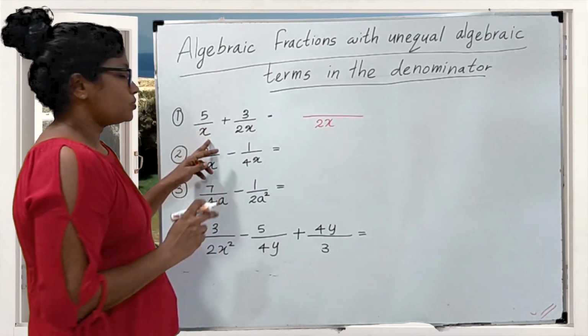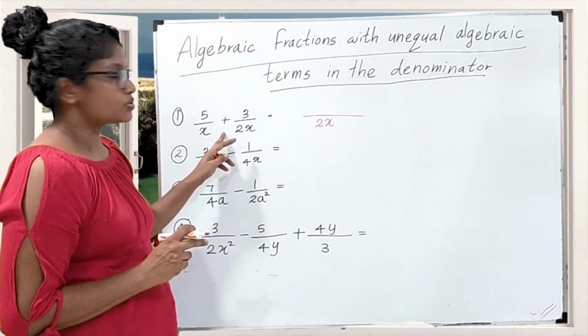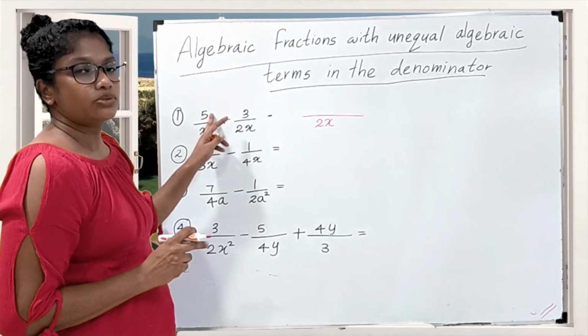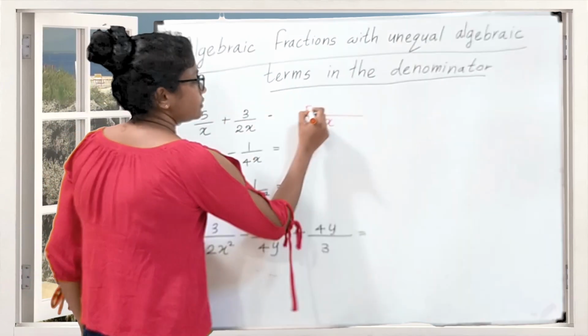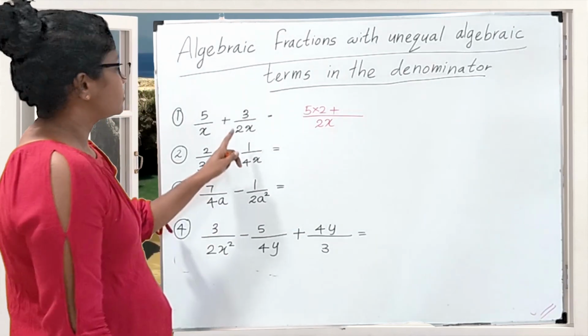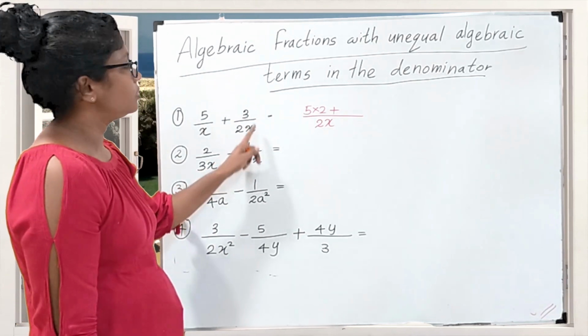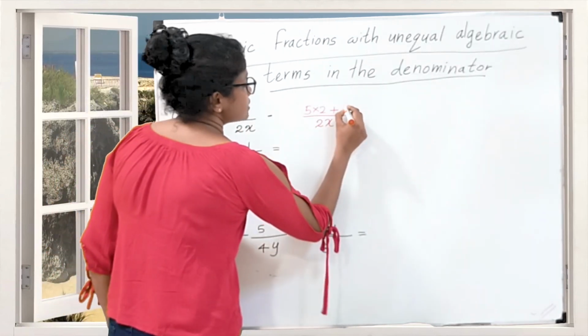When it comes to x, we have to multiply this by 2. So 5 also has to be multiplied by 2. Then 5 into 2 plus. There are 2x, so no need to multiply by 2. So we just write 3.